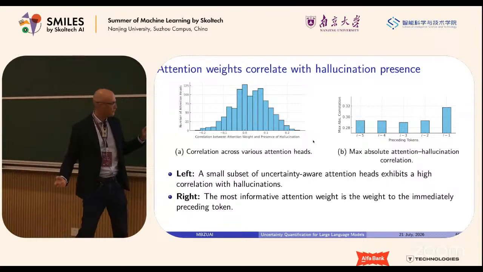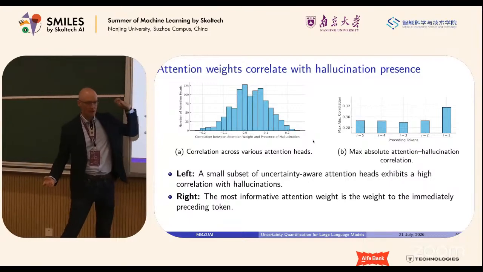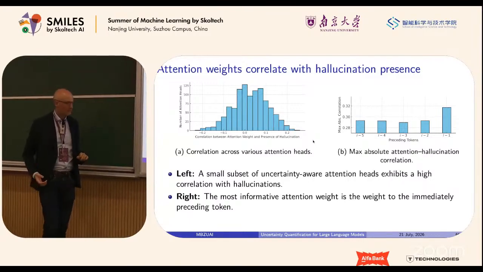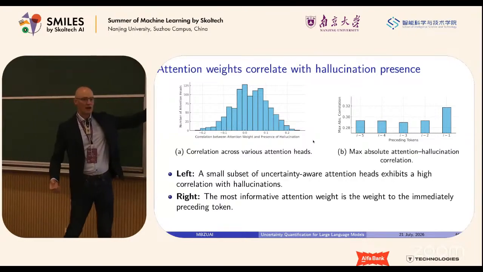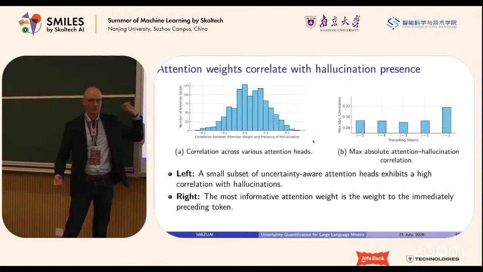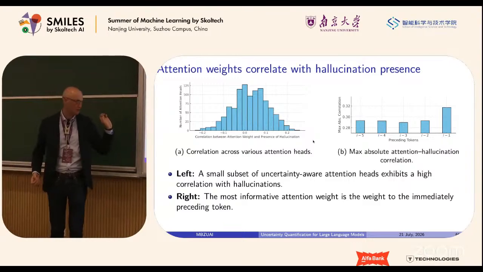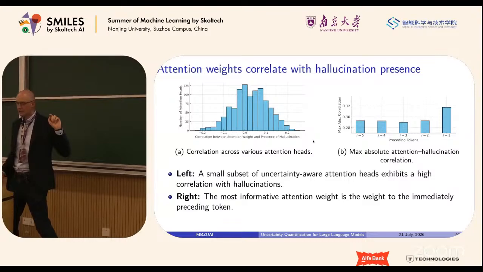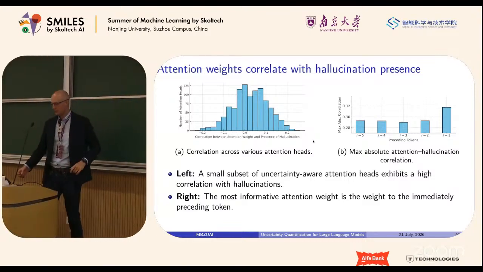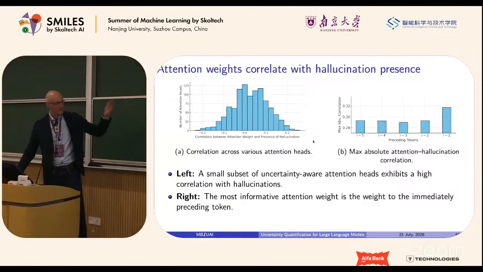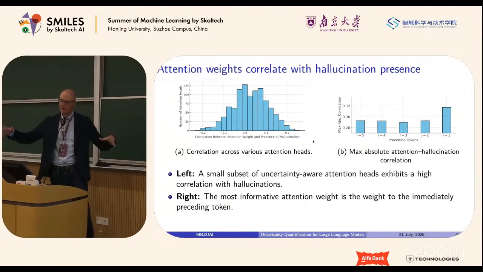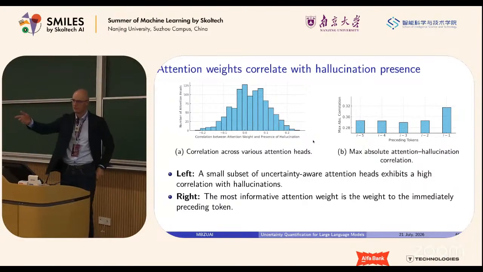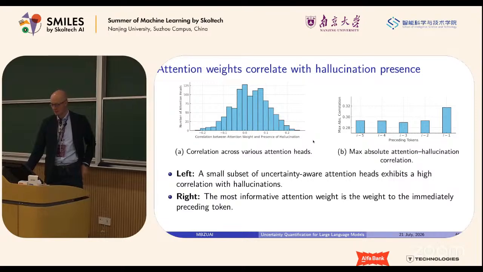But there is a very small number of attention heads that express certain high or low, positive or negative correlation with the presence of hallucination. And that's actually quite an important, informative signal. So we can use these heads to quantify uncertainty. I believe that attention weights have a lot of information about the presence of hallucination. Once again, I think Alexei will discuss that in more detail.